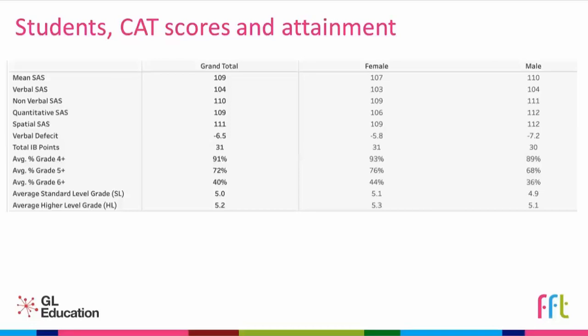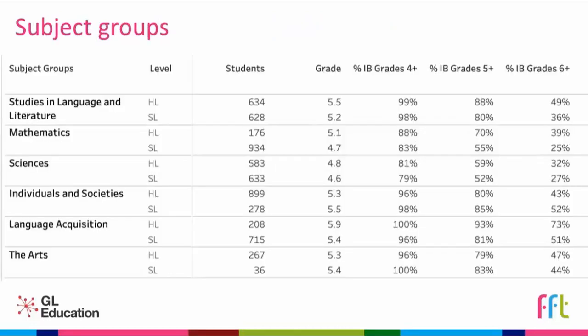But when we look at outcomes, that actually reverses, and the girls end up with slightly higher IB results than the boys. It'll be interesting for you to compare the gender gaps in performance in your school to the gender gap that we can see across all schools using this service.